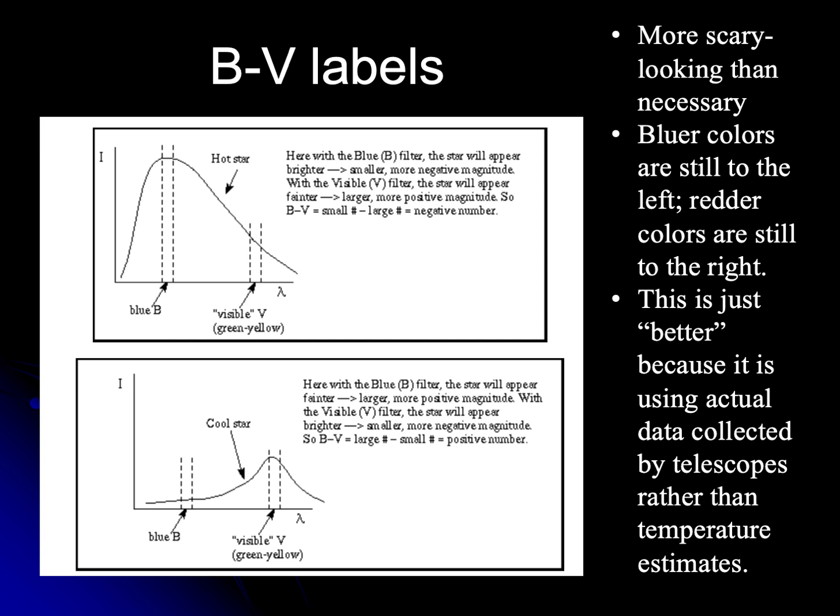What the color index means and what the diagram shows isn't important unless you're particularly interested, but the index indicates that bluer stars are found on the left and redder stars are on the right, just like a regular HR diagram. The benefit to this is that we can measure the index numbers directly rather than determining an approximate temperature that is not measured directly but calculated using equations.